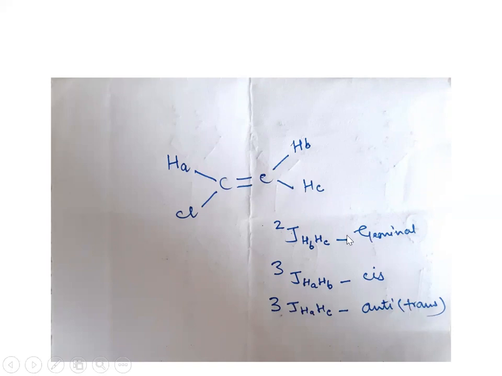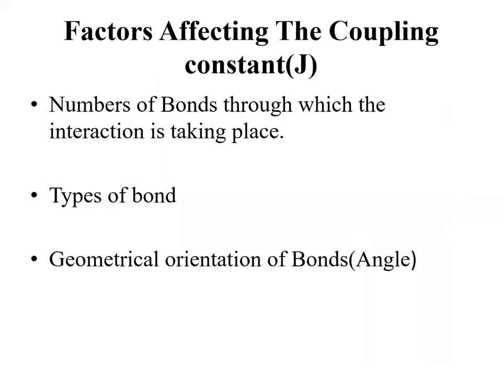Is it clear? Now, factors affecting the coupling constant. There are many factors on which the value of J depends. Number one, the number of bonds through which the interaction is taking place.